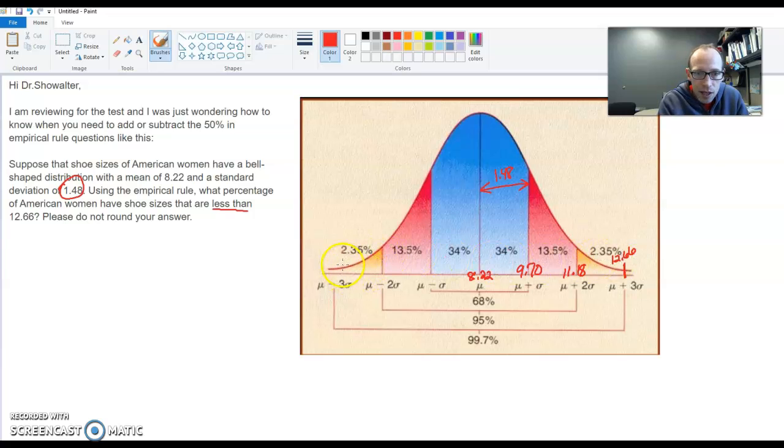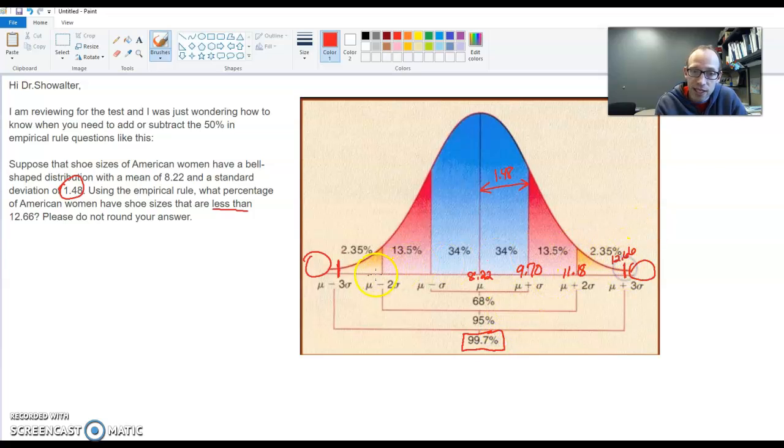12.66. Now, one thing this drawing doesn't do, it doesn't show you that there's even stuff in the normal distribution beyond 3 standard deviations, which would be out here to the right and out here to the left. So how much is out there? Well, we know that 99.7% of the data is in between.